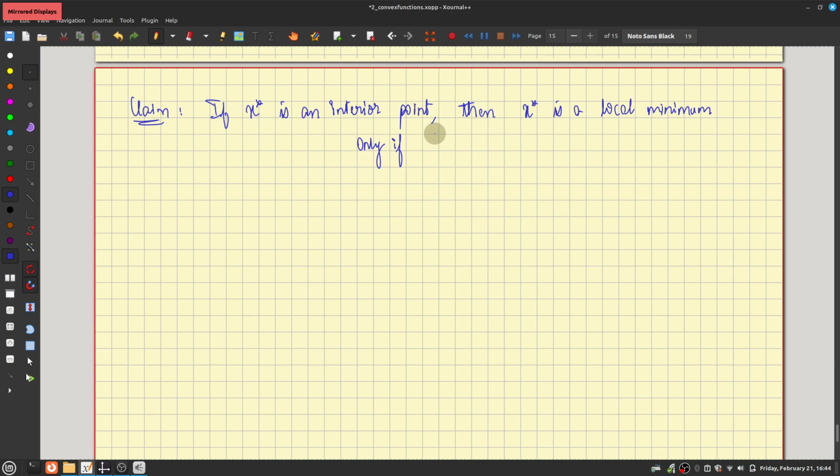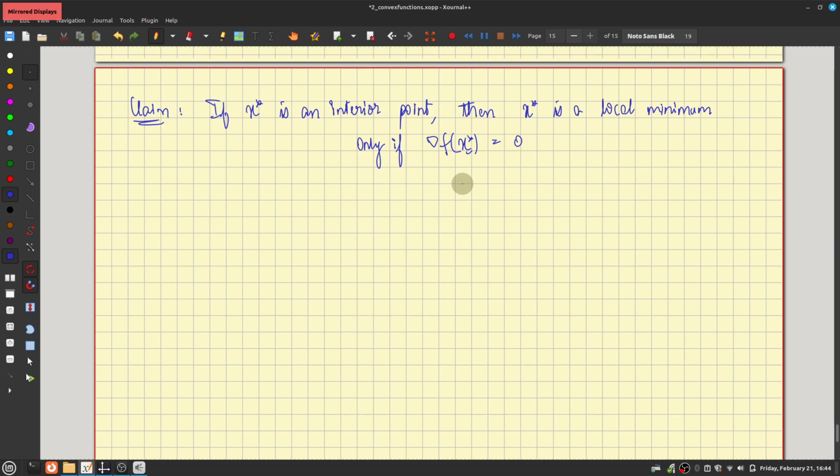Something about just the gradient. What should be the gradient of f? Should just be equal to 0, right? They're saying that x star should be a stationary point of f.